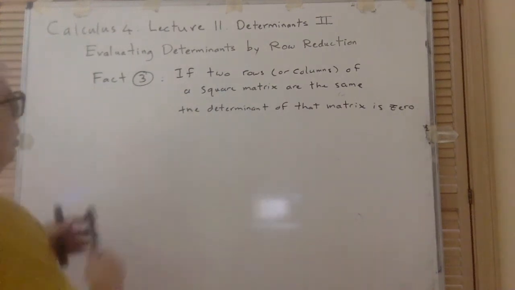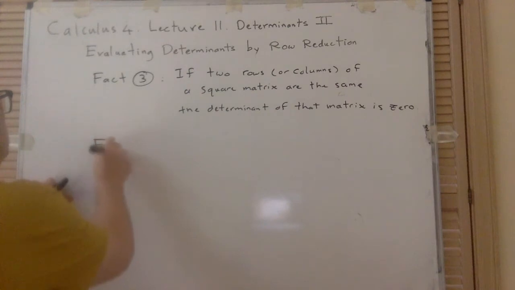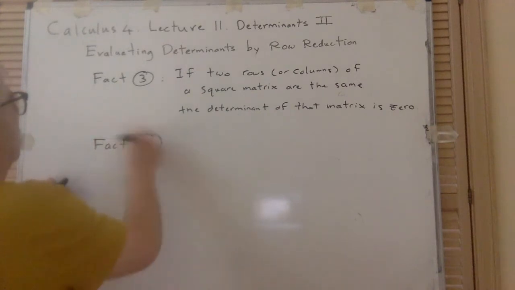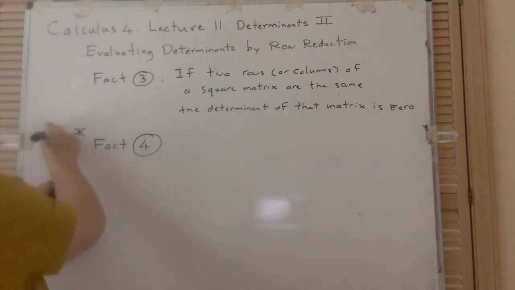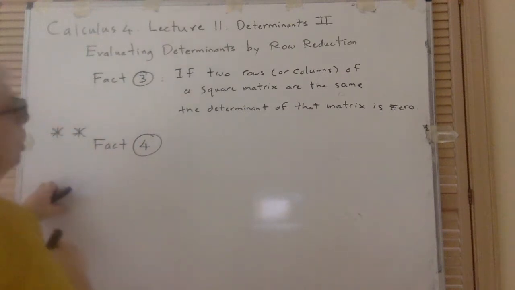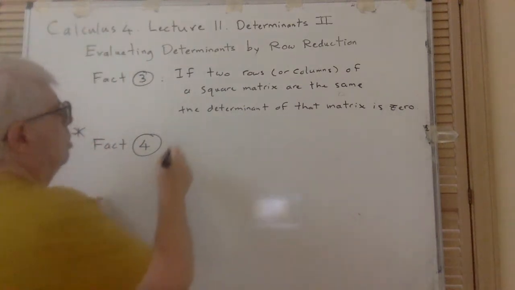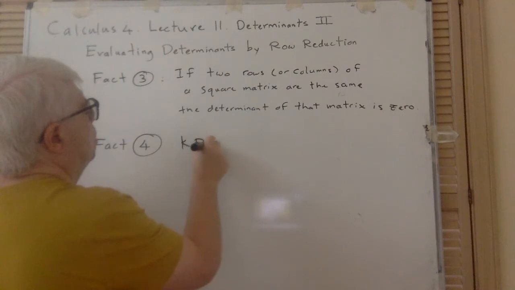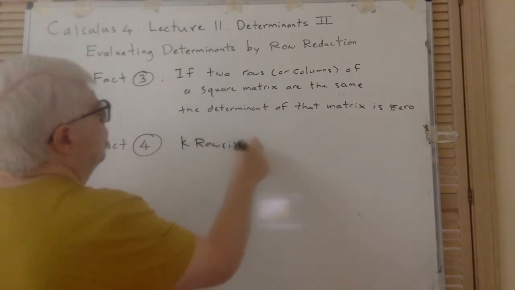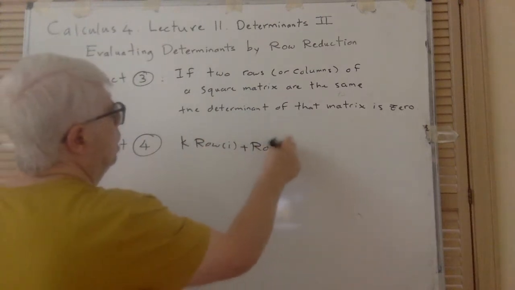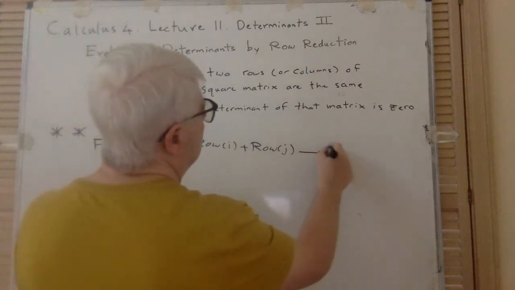Now, in fact, this one is crucial. This is the one that we will be using to find determinants: k times row number i plus row j going to row j.